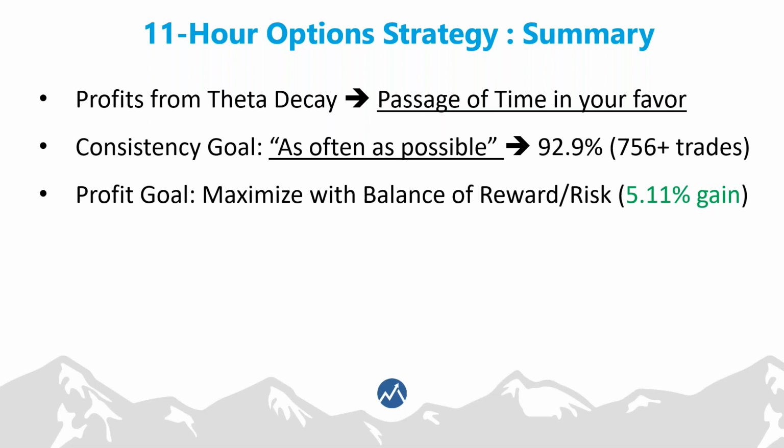Sometimes people ask me, Dave, sometimes I can get 6%, 7%, 10% on these credit spreads. Can't I get that? What you're going to find is if you extend yourself too far and try for 8, 9, 10% gain, you're going to have to sell the credit spread much closer to the current price.